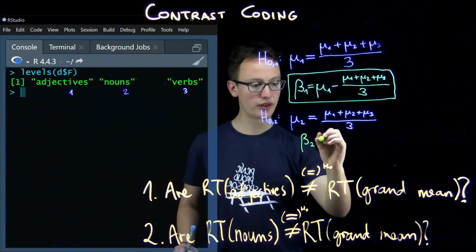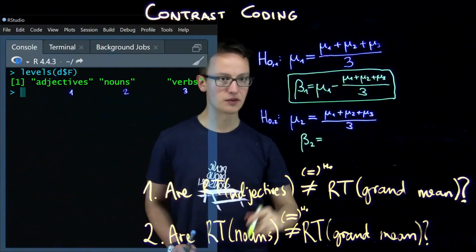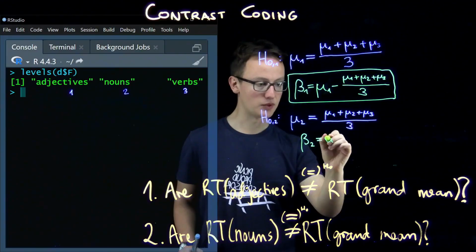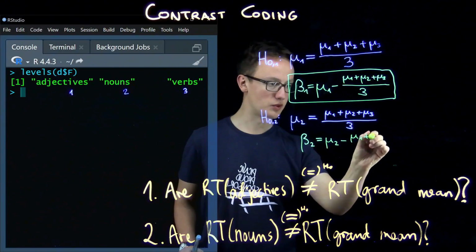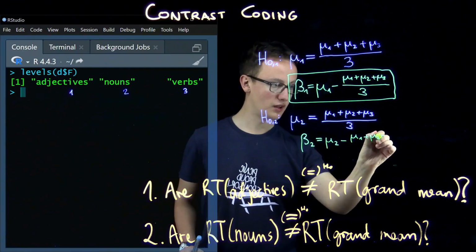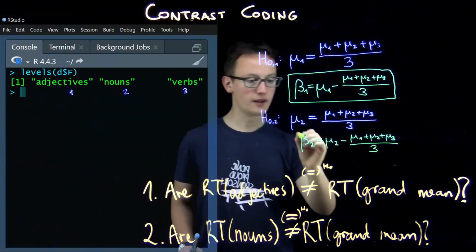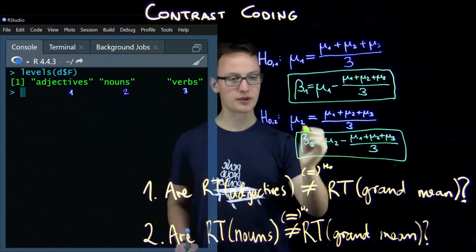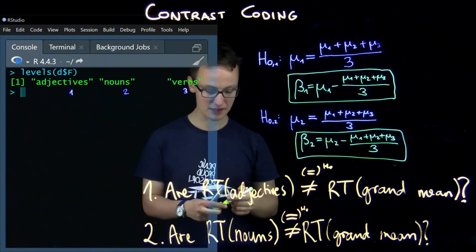This beta 2 would quantify precisely the difference between the average reading time for nouns versus the average reading time overall. So I could write mu2 minus the grand mean, so mu1 plus mu2 plus mu3 divided by 3. Okay, that is how we can represent these two null hypotheses as simple math equations.